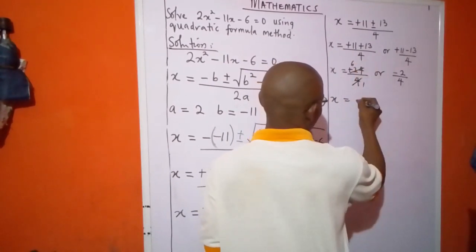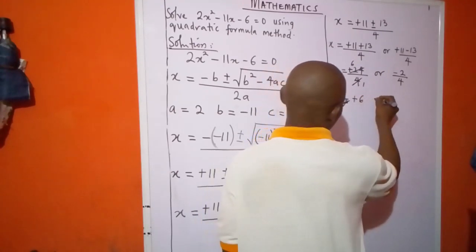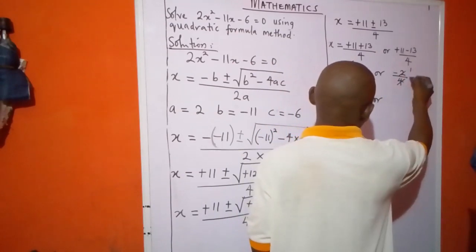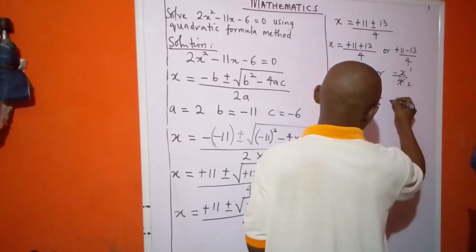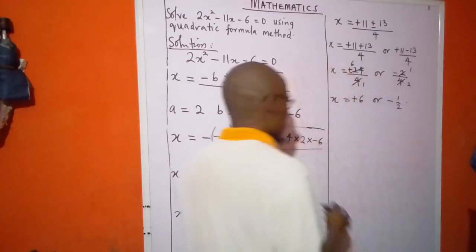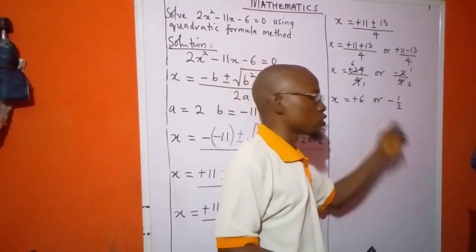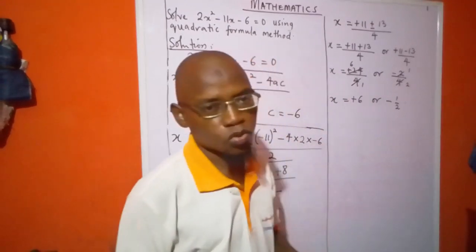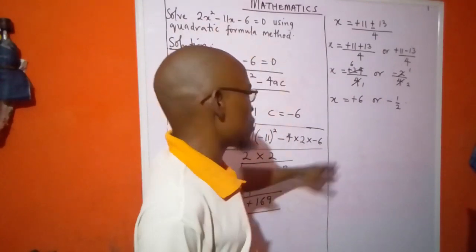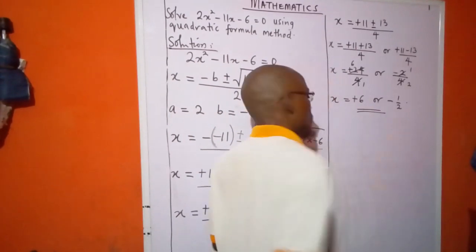So this will be giving us plus 6, or let's divide this. 2 into 2, 1, 2 into 4, 2, which will be giving us minus 1 over 2. It means from what we have here, our two roots are plus 6 or minus 1 over 2. So this equation using quadratic formula, this is our root.